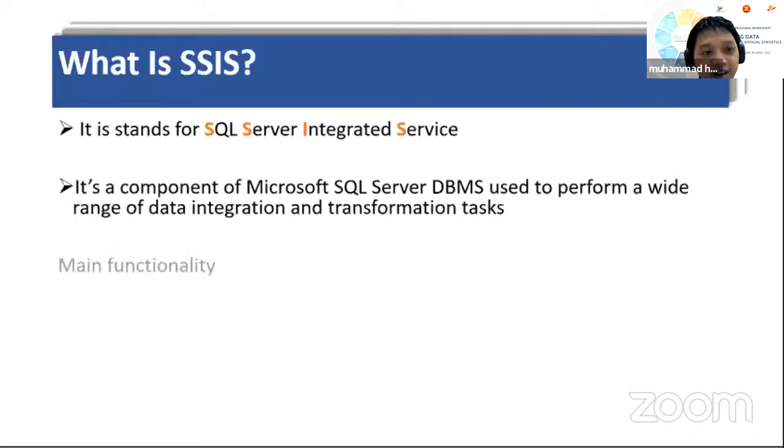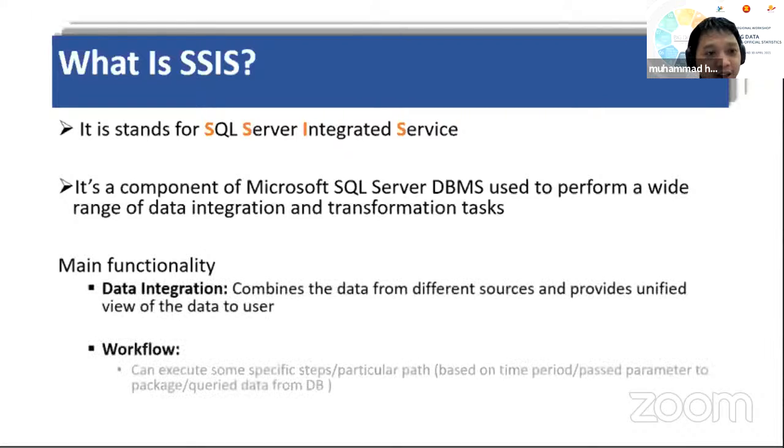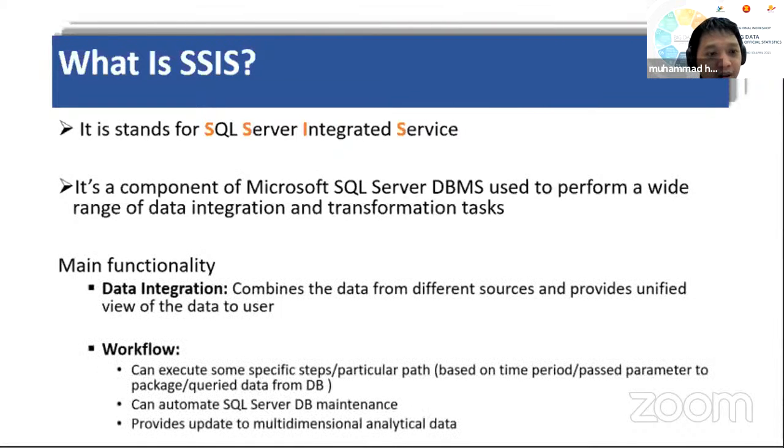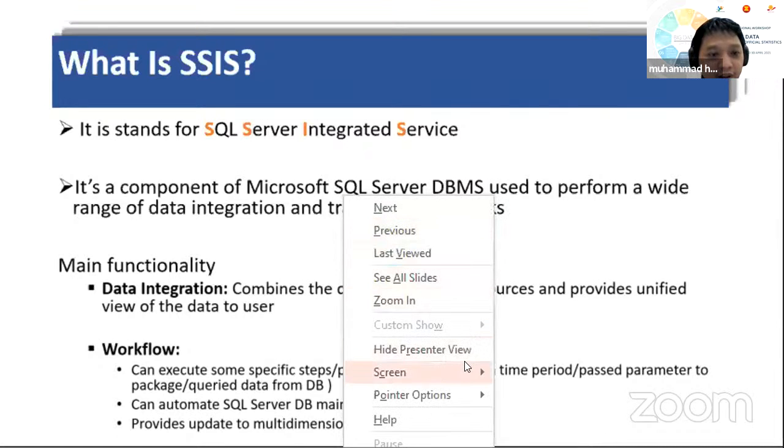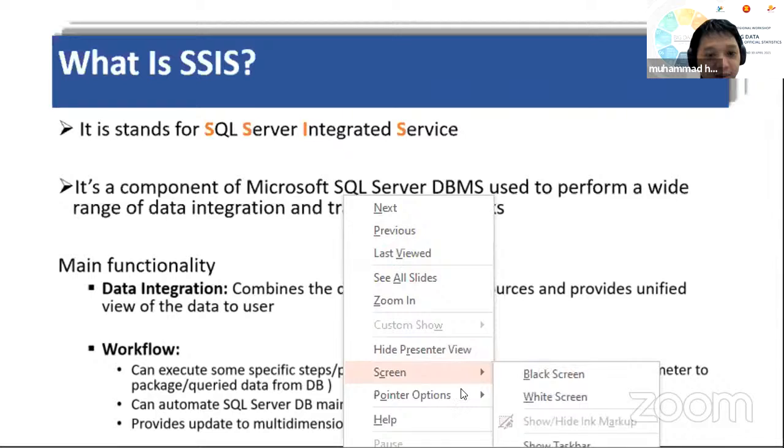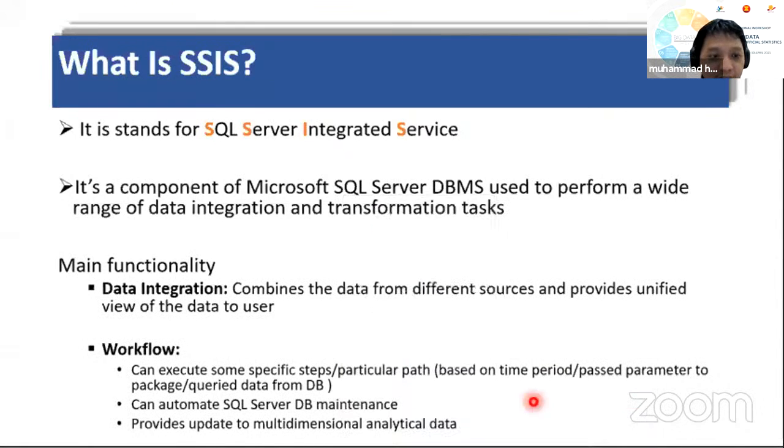Okay, the next material is the two main functions of SSIS. The first one is data integration, and the second one is workflow. Data integration combines the data from different sources and provides a unified view of the data to users. The second one is the workflow.